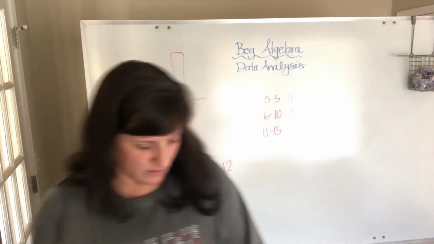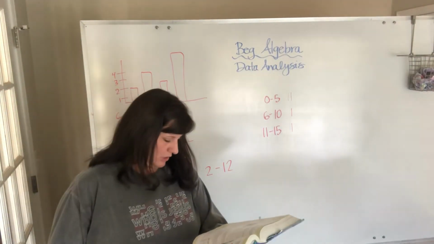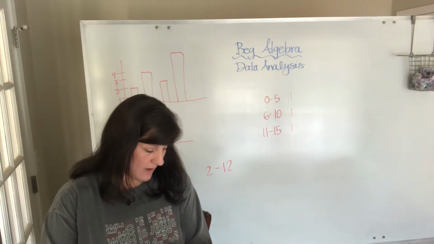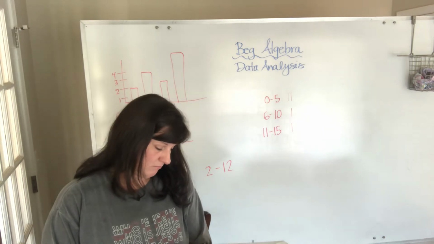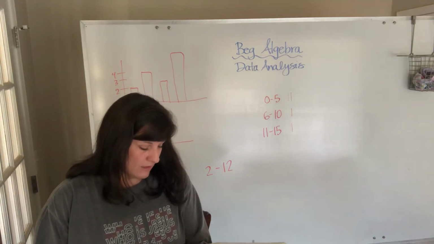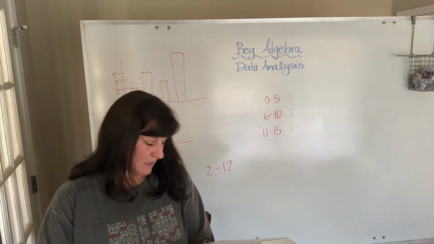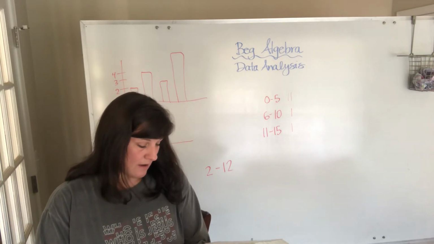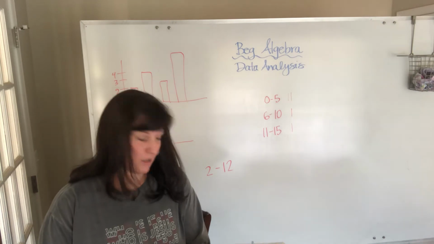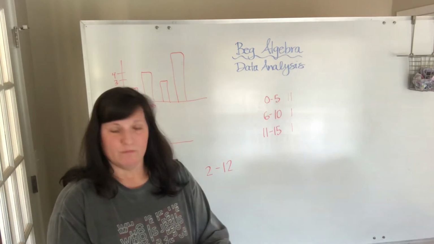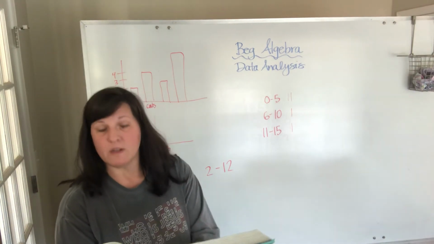So if you look, let's look on page 582, all right? They give you an example about hurricanes, okay? And it says the number of weeks into the hurricane season in which Atlantic hurricanes occurred. Okay, so they're looking at the number of weeks.